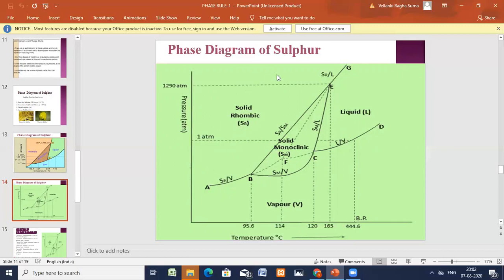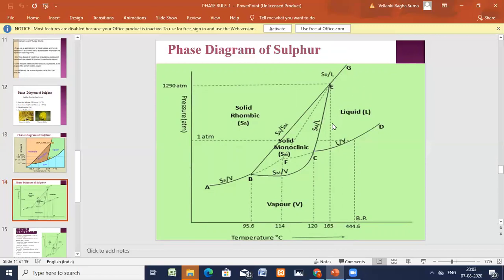In the area A, B, E, you're having rhombic sulfur, SR. In B, E, C, you are having monoclinic sulfur. In E, C, D, you are having liquid sulfur. In D, C, B, you are having vapor sulfur. Even here you are having liquid sulfur. Okay, so this is about the sulfur.